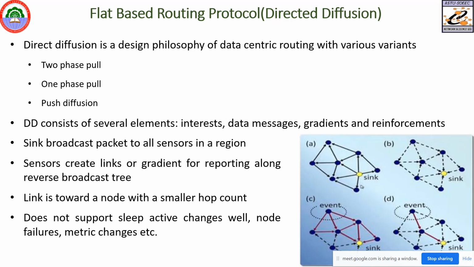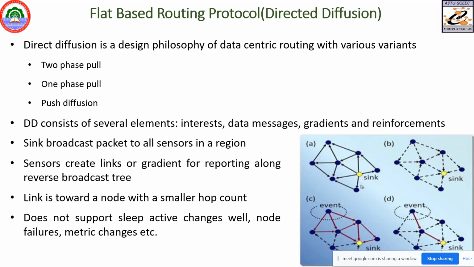In the third step, as we can see from this image, it has to form the gradients. Once the data is transmitted, it has to check for the gradients. In the fourth step, once the gradient is confirmed, it will use that path to transfer the information. So these are the four main steps used by the direct diffusion protocol.